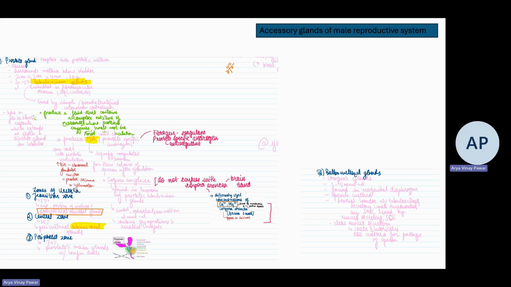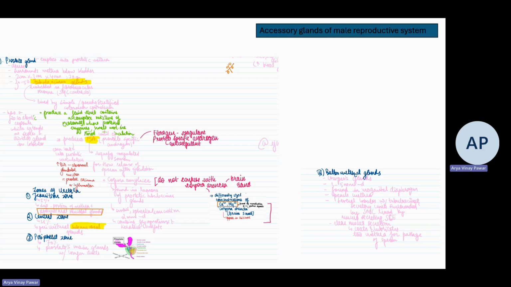Do not confuse it with corpora arenacea, which is found in the brain, where we see different-sized concentrations of calcium and magnesium, right? Corpora amylacea is where we see concretions of glycoproteins and keratin sulfates.